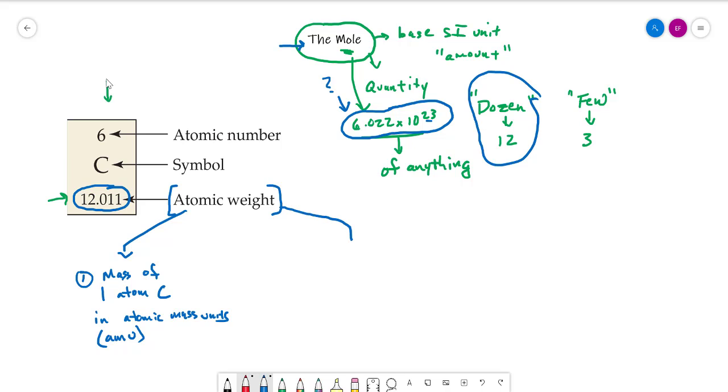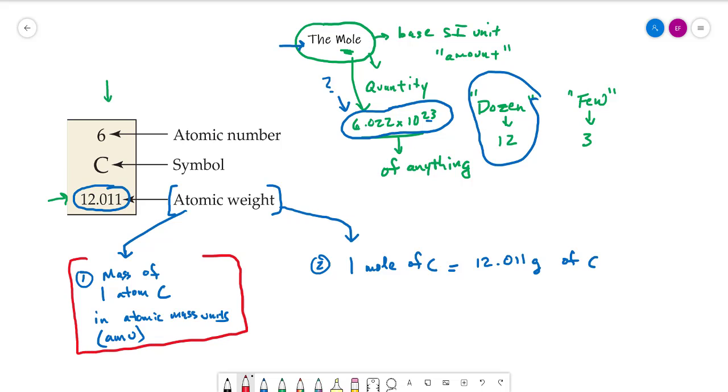But how it relates to the mole is, coincidentally, based on how chemists originally constructed this idea, it also means that 1 mole of carbon is equal to 12.011 grams of carbon. And so this representation here is thinking about the single atom.